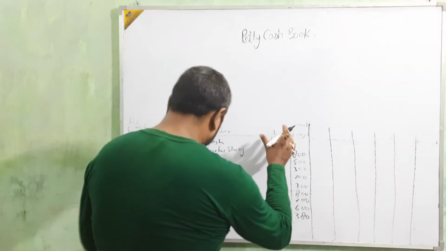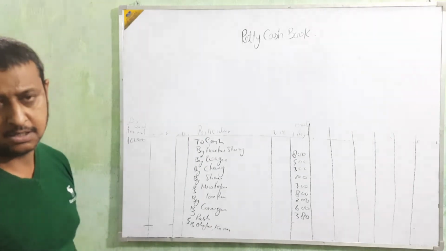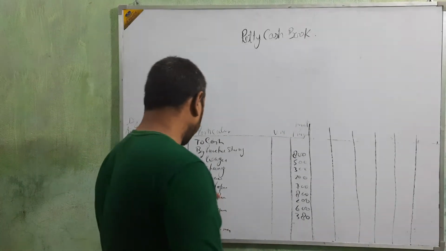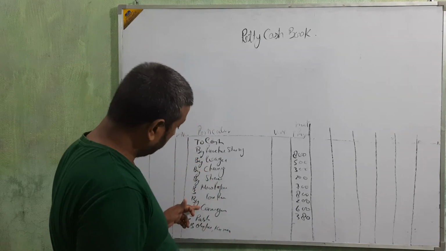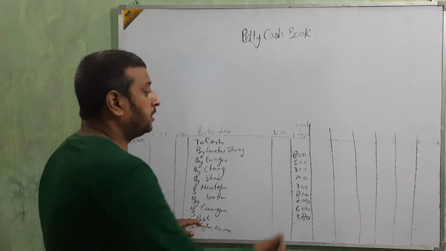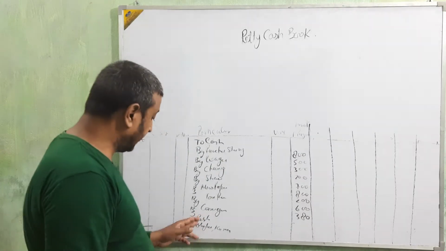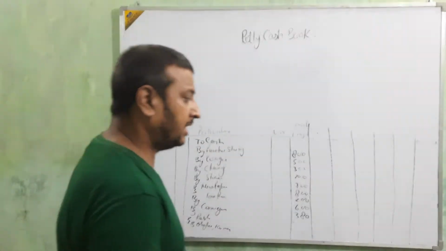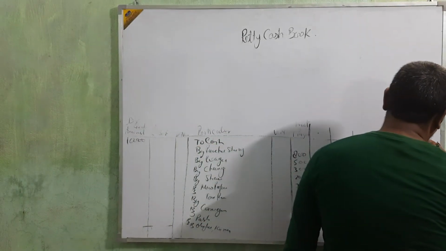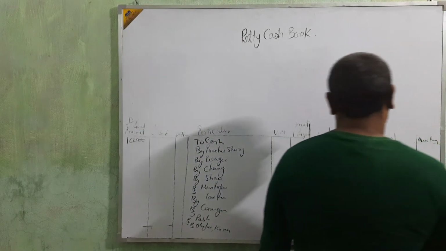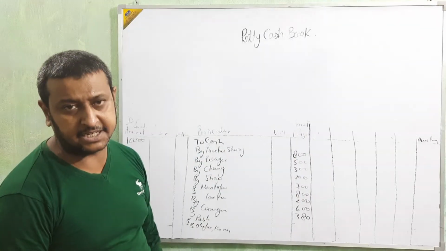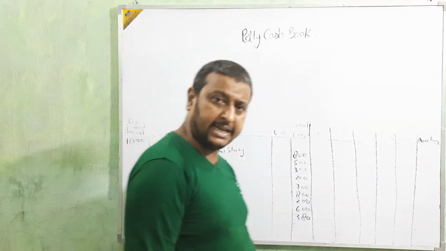Okay, beta, in this way we are going to present. As like this, for postage we make one postage column here. For wages we make a wages column. Miscellaneous, when you are uncertain, we make here. Okay, beta, all the things not coming in these columns are transferred to that miscellaneous column. Okay, clear or not?